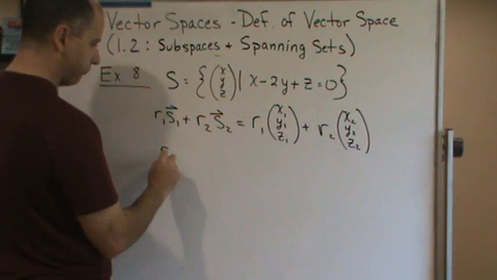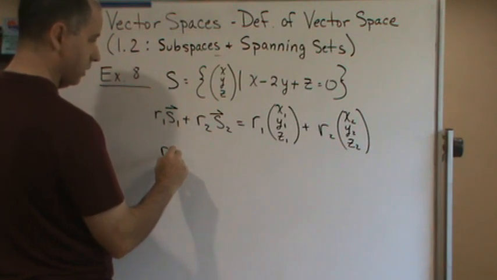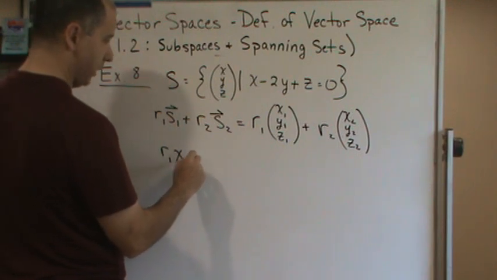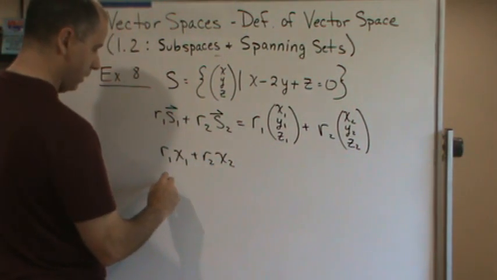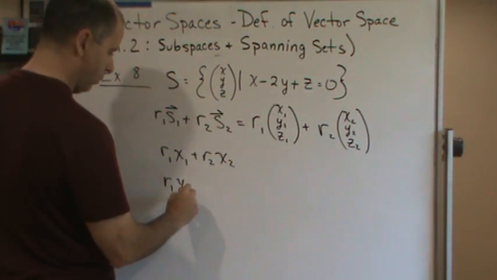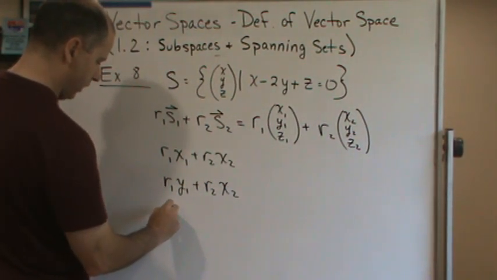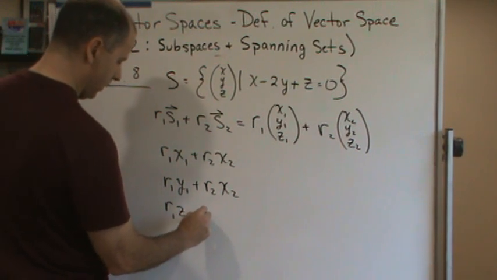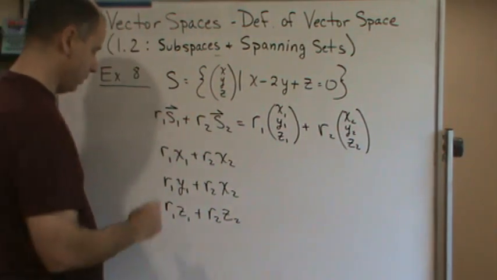We get R1 X1 plus R2 X2, and then we get R1 Y1 plus R2 Y2, and we get R1 Z1 plus R2 Z2.